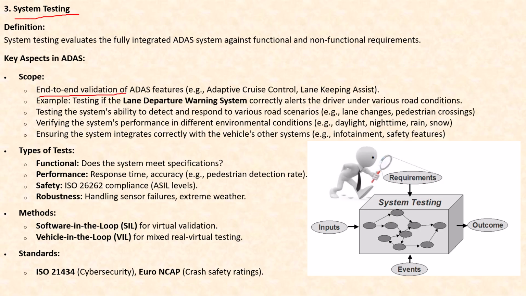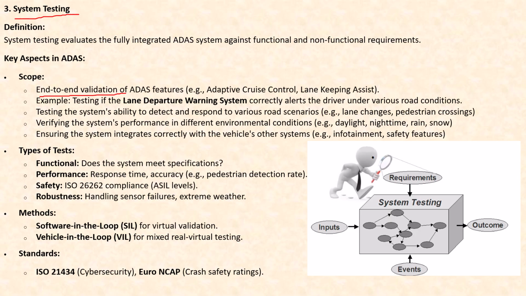End-to-end validation of the entire system falls under the purview of system testing. For example, testing if the lane departure warning system correctly alerts the driver under various road conditions. So various road scenarios are simulated and checked if the lane departure warning system is correctly warning the driver. This falls under the purview of system testing.